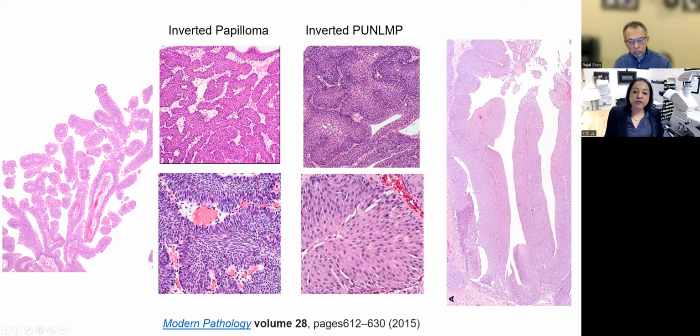And so therefore, the inverted PUNLMP will also have a hyperplastic looking inverted growth pattern. And because it is hyperplastic, it'll look broader more often compared to the inverted papilloma. But you have to pay attention to the nuclei, and there should be minimal nuclear atypia, yet a very regimented growth pattern of the nuclei.